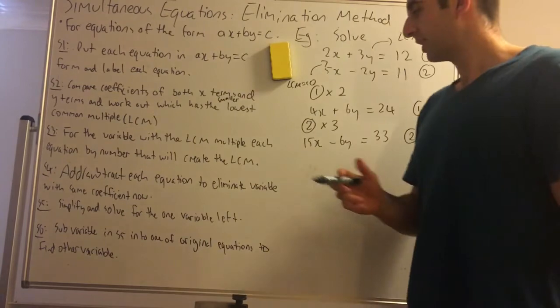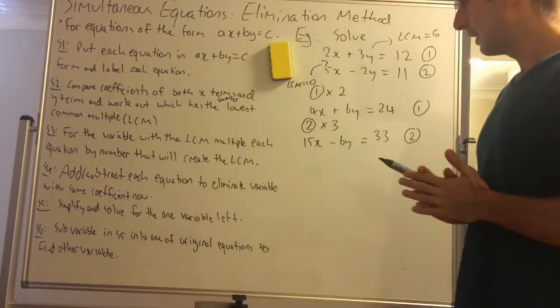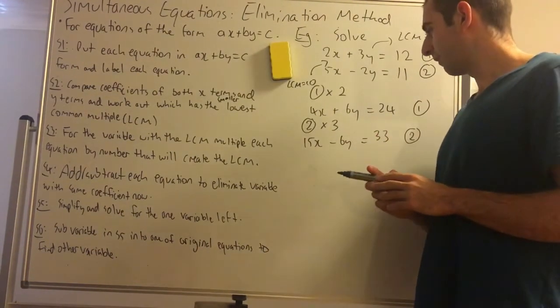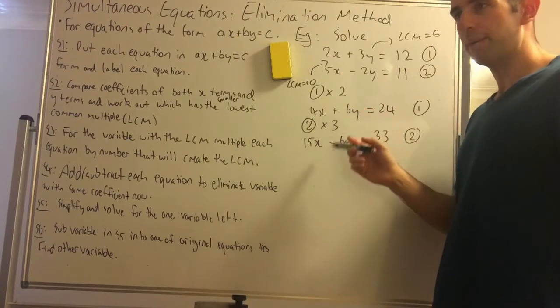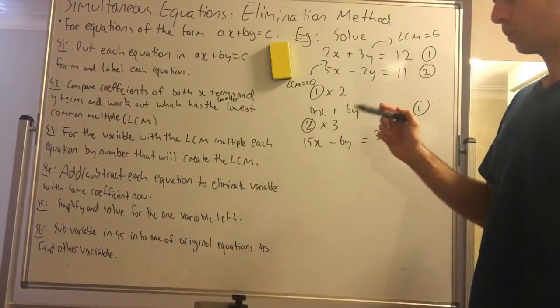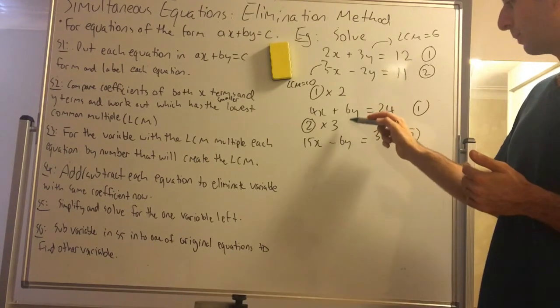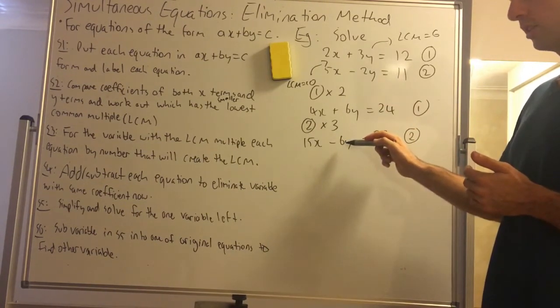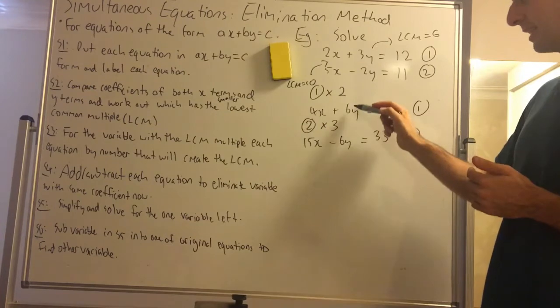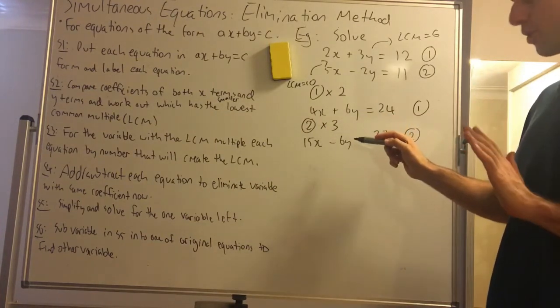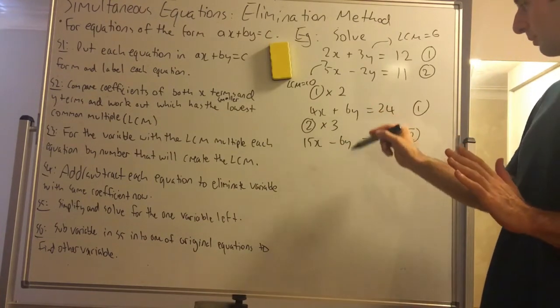Next step. Once we've got the coefficients with the same LCM, we're going to either add or subtract the equations to eliminate that variable. You notice here I have 6y and negative 6y. So if I add these equations, these go away, that's 0, and that's gone. If this was a plus, I would subtract.